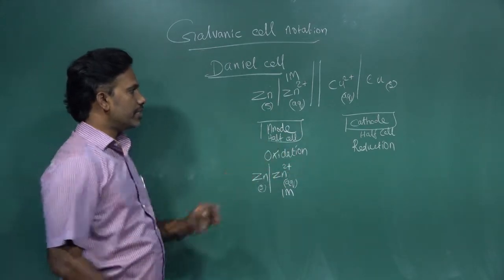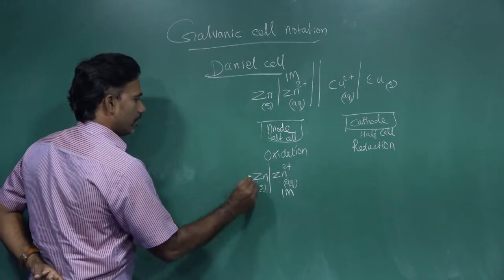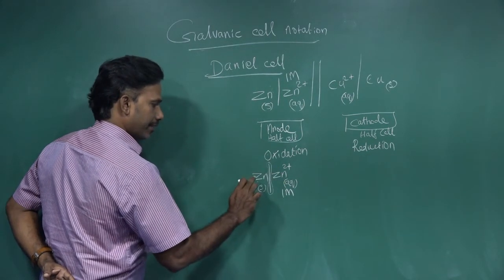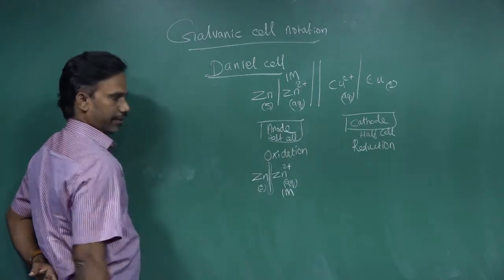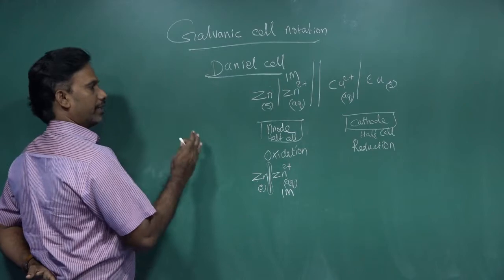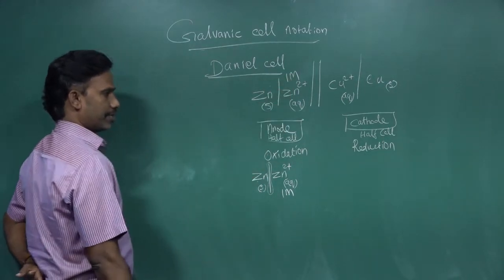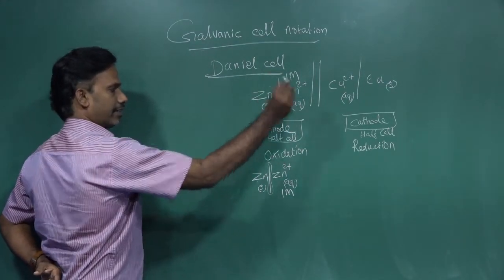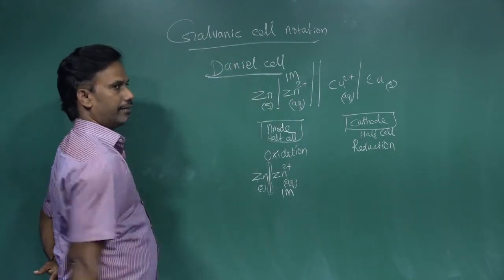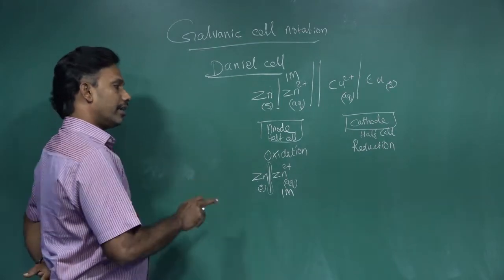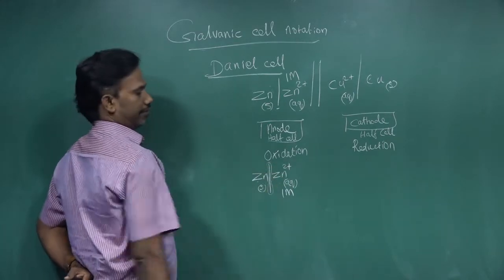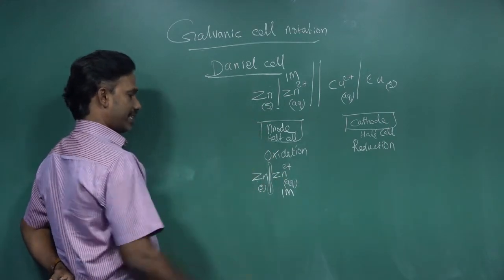The single vertical line is a phase boundary between the metal and the metallic ion, zinc metal and metal ion. In the oxidation side, you have to write the metal first, then the metal ion, because it represents oxidation.